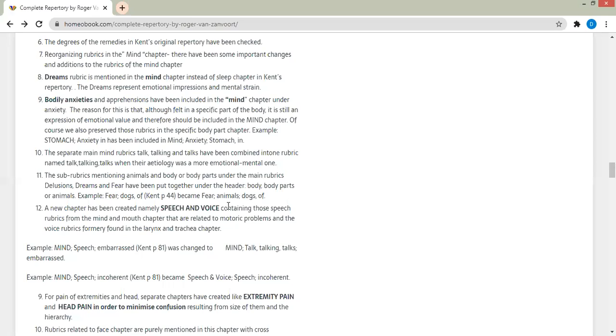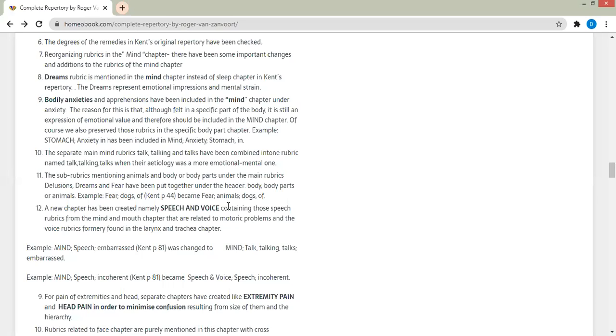So subrubrics related to animals or body parts given under the main rubrics delusion, dreams and fear have been put together under the header body, body parts or animals.